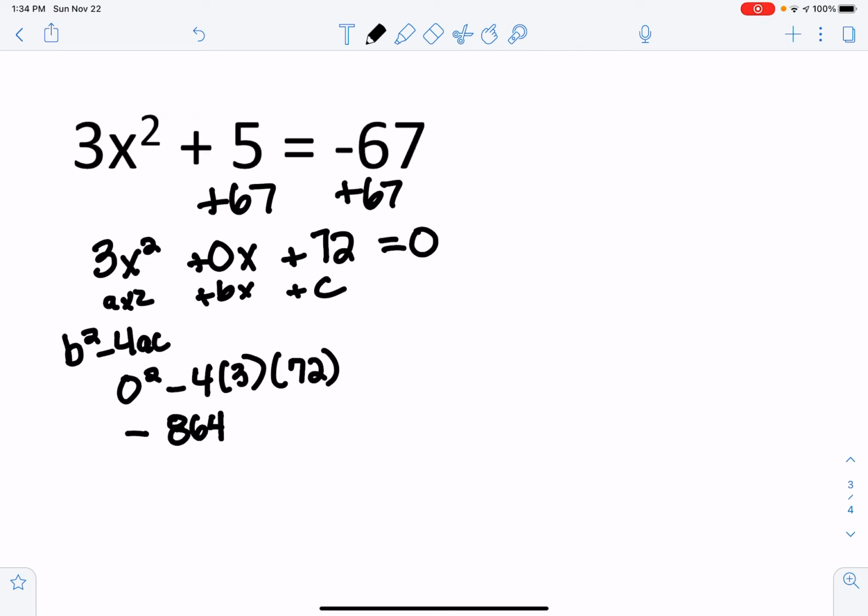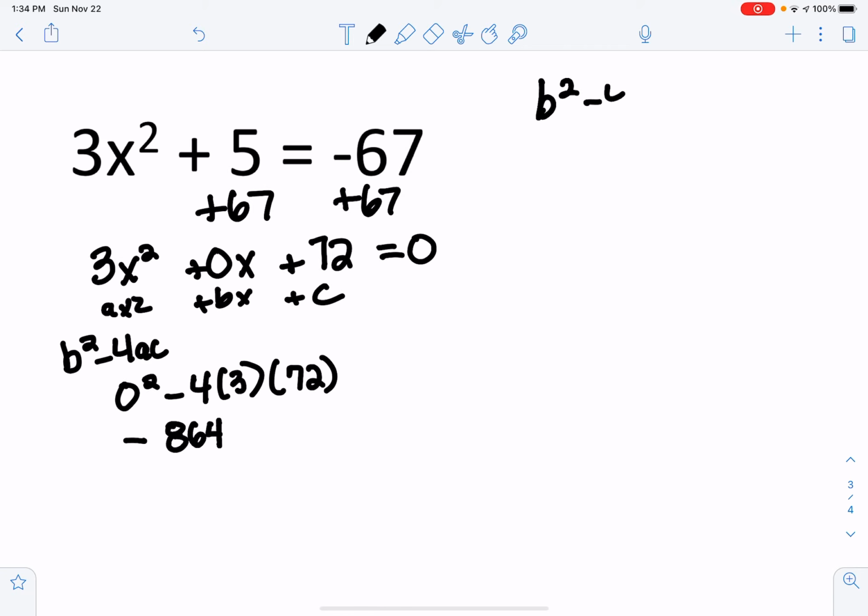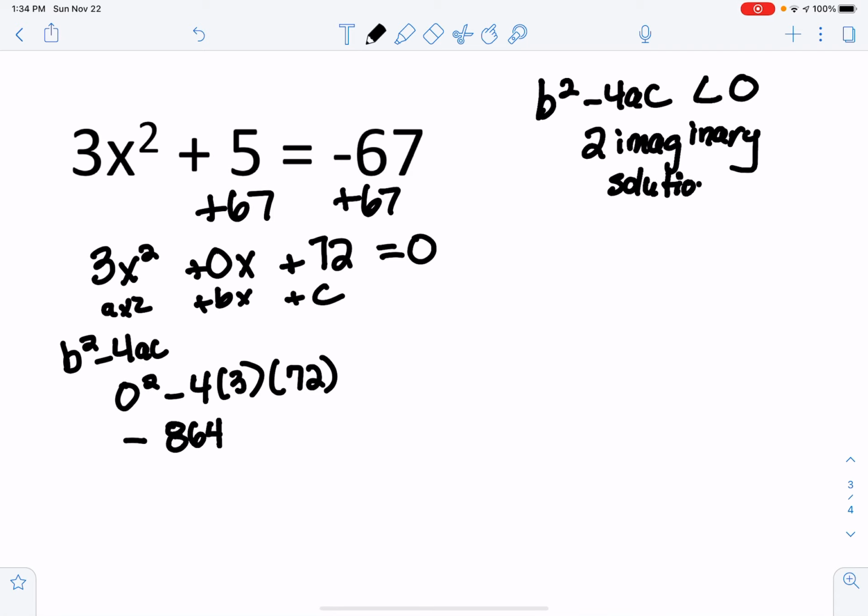And you might recall when you have a negative discriminant, you have two imaginary solutions. And when you have a positive discriminant, you have two real solutions.